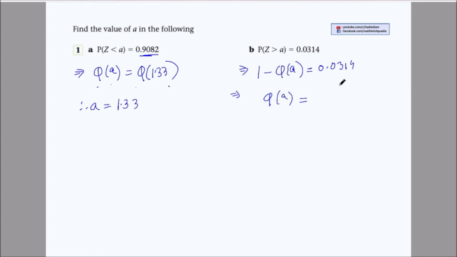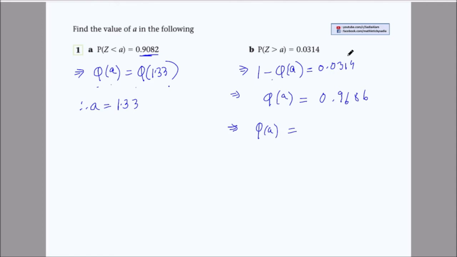So we will get 0.9686. So basically we have minus phi of A at the left side, and when you shift 1 here, minus 1, we will get minus 0.9686. So if you cancel out minus from both sides, we are left with this line. So in short, you just subtract phi of A from this equation, you will get this value. So phi of A equals this 0.9686.